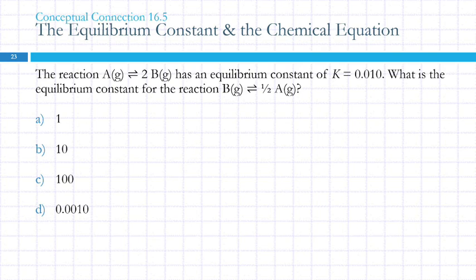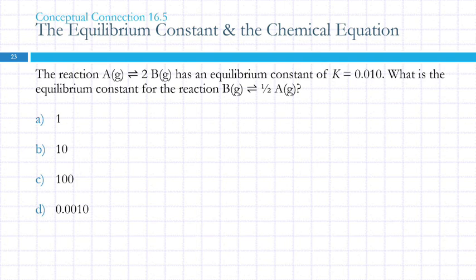Okay, we got A going to 2B. We're told the equilibrium constant is 0.01. And we're asked, what is the equilibrium constant for B in equilibrium with 1/2 of A? We need to compare these two chemical equations and identify how they are different.